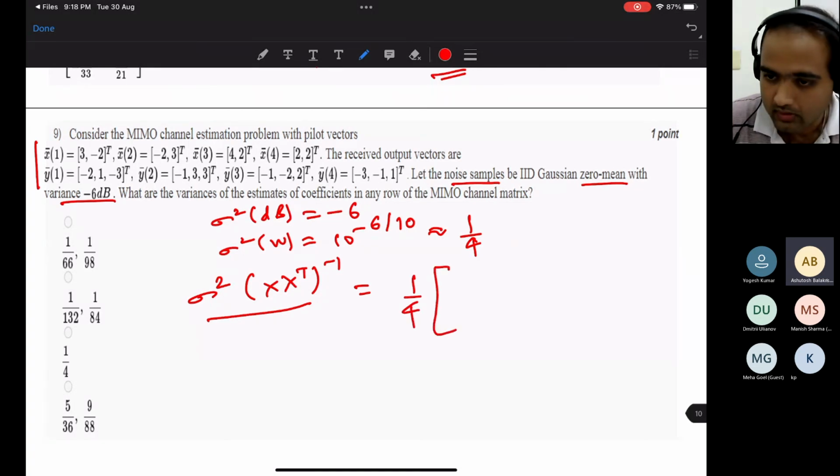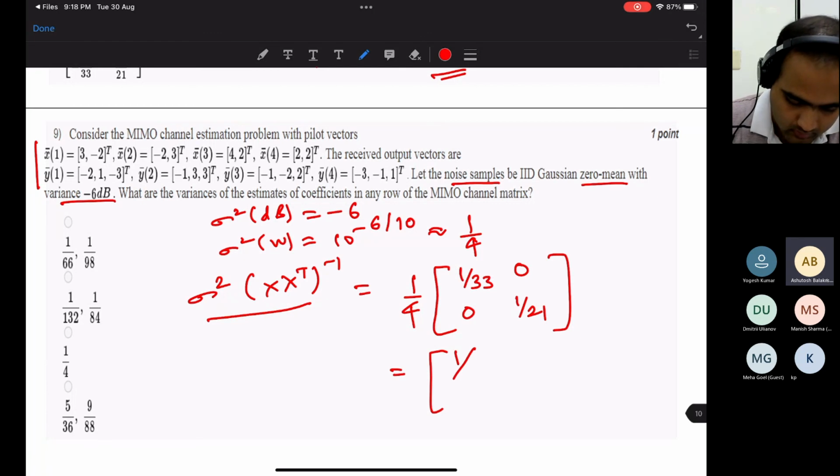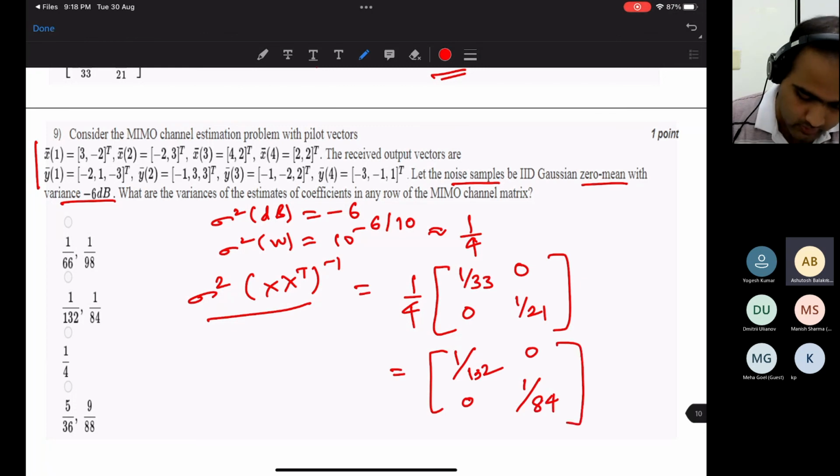And x transpose inverse we computed above, which was 1 by 33, 0, 0, 1 by 21. This will come out to be 1 over 132, 0, 0, and 84.